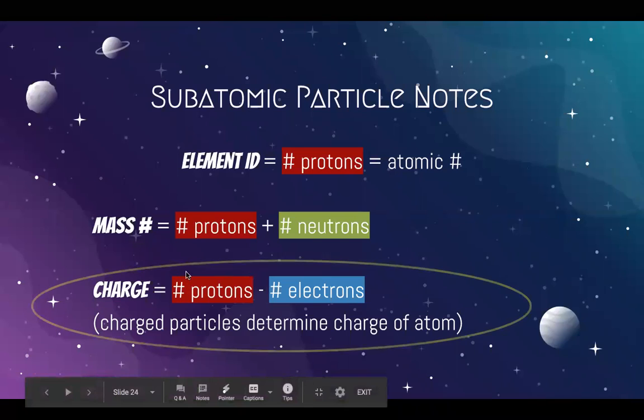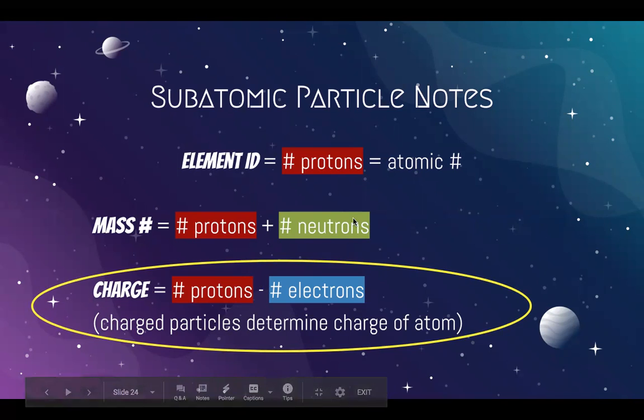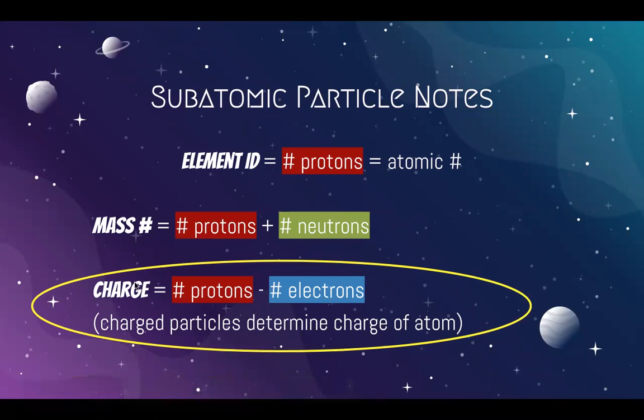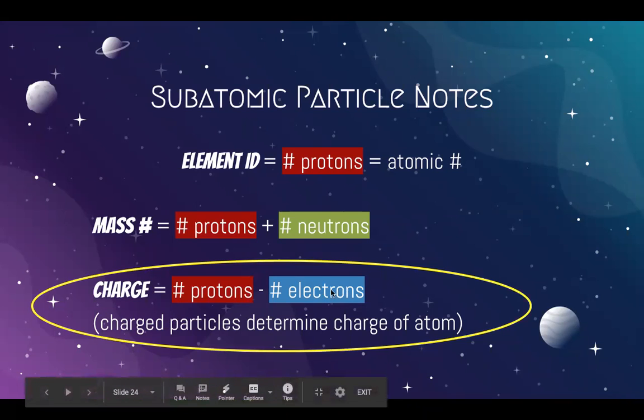So the charge is just the number of protons minus the number of electrons. And we only need to consider the charged particles in this case. Neutrons have a neutral charge, so we don't need to consider them. We only need to look at the number of protons and subtract the number of electrons to figure out the charge. But the question we're looking at is asking for the number of electrons. So we would just use this equation and solve for the number of electrons.